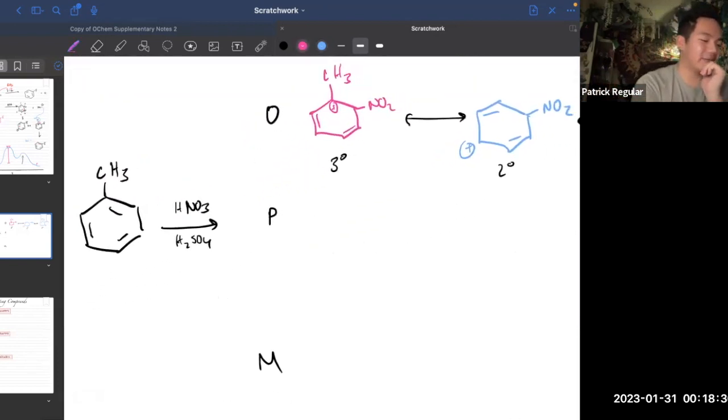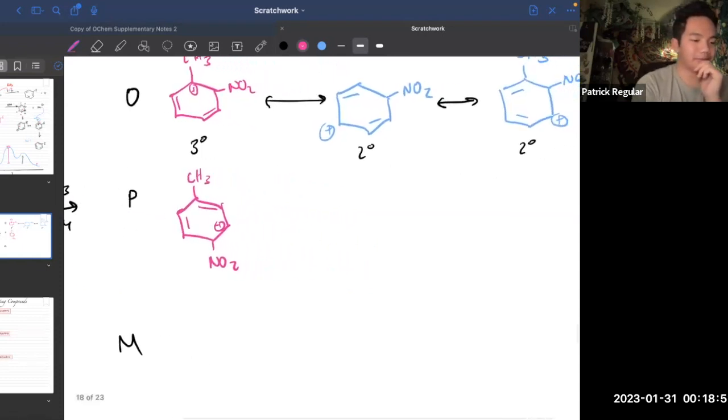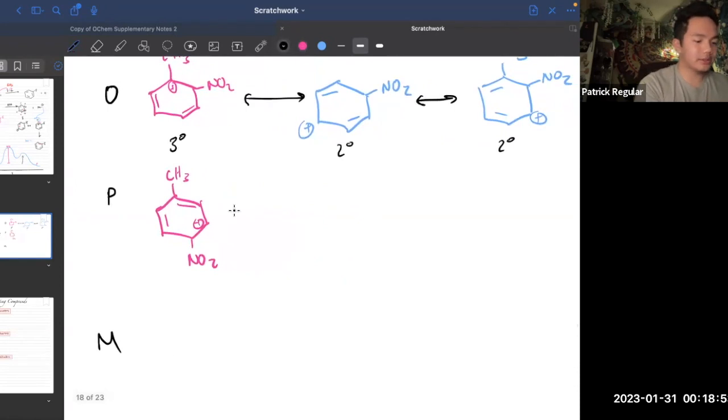Let's say we were trying to do para. Okay, so for para, let's say we were trying to attach our substituent right there and we break that double bond. So we're to break that double bond, it would look something like this, where we have our NO2 here, positive charge here, and our still residual rest of our aromatic toluene. Okay, resonance structures. Let's redraw it.